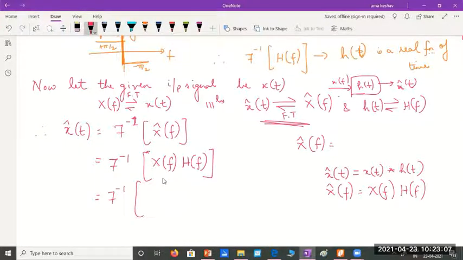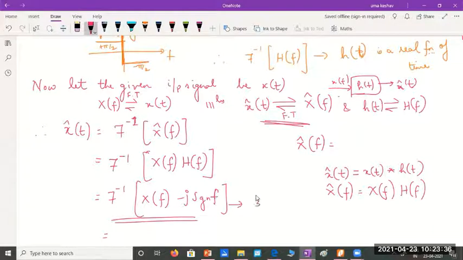You will get Fourier inverse of X of f into minus j signum of f. Or in other words, if you want, you can take minus j outside and it will be Fourier inverse of X of f into signum of f.